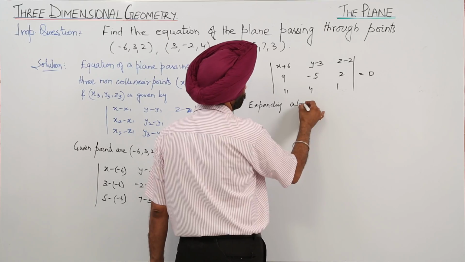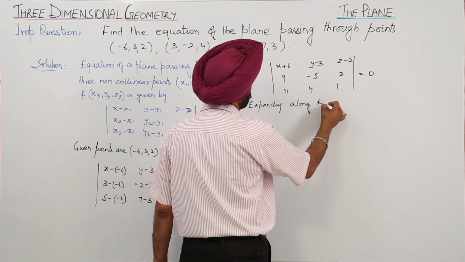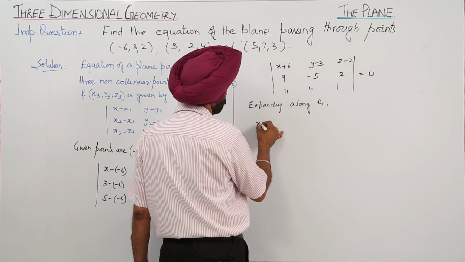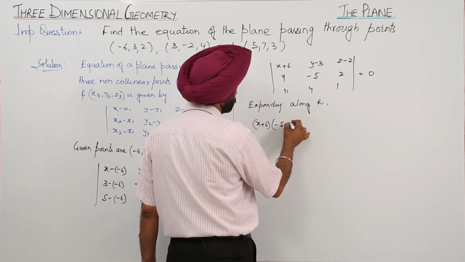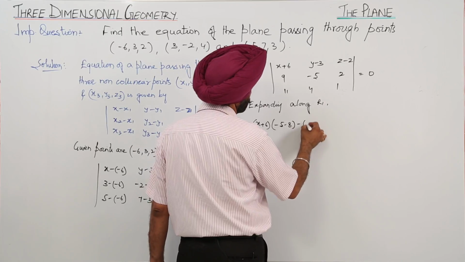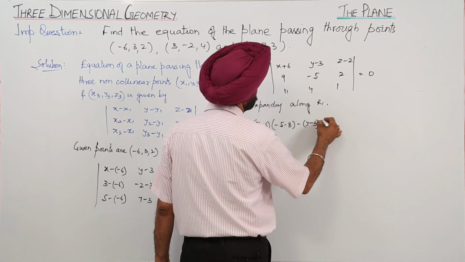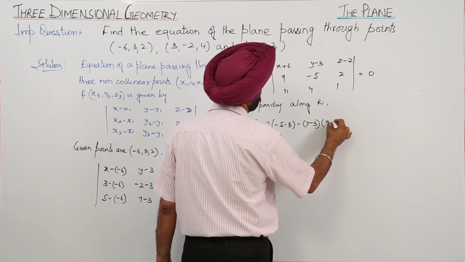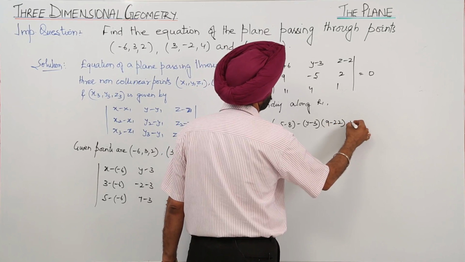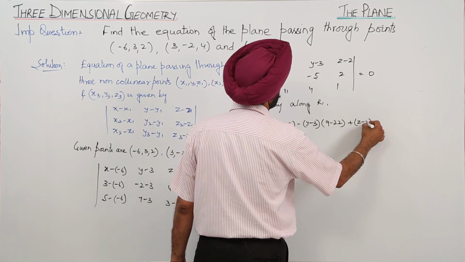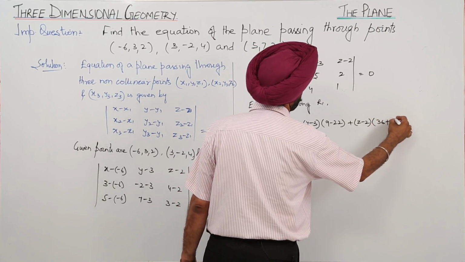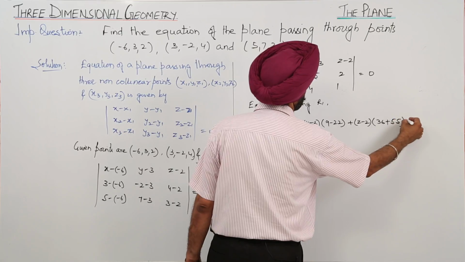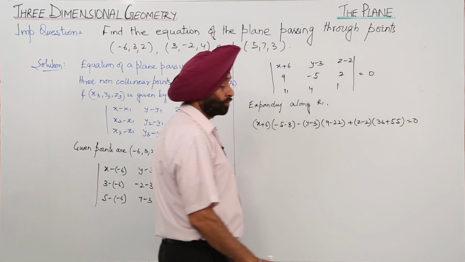Expanding along R1, x plus 6 with minus 5 minus 8, minus y minus 3 with 9 minus 22, plus z minus 2 with 36 plus 55 is equal to 0.